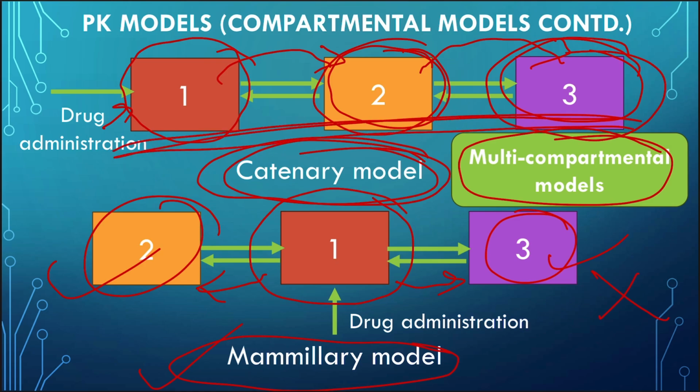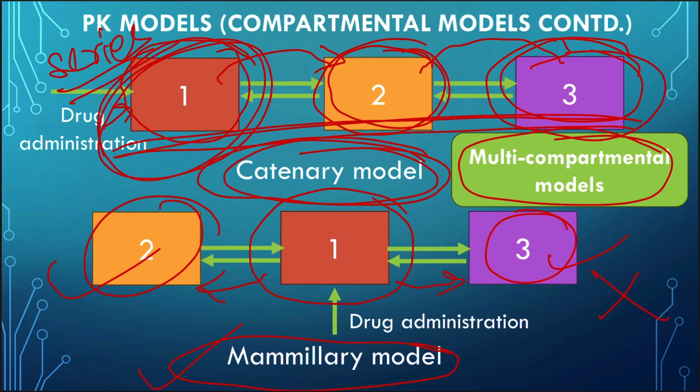So this is the model in which the compartments are connected in series. That is, not all the peripheral compartments are connected to the central compartment, whereas in case of mammillary model, all the peripheral compartments are connected to the central compartment. So this is a major difference between mammillary model and the catenary model.